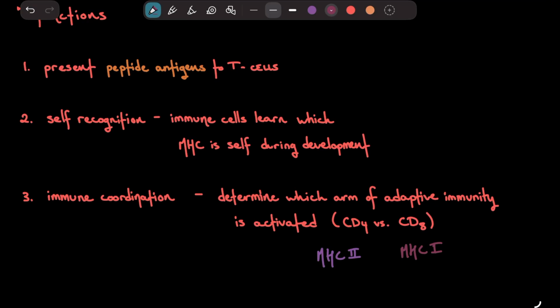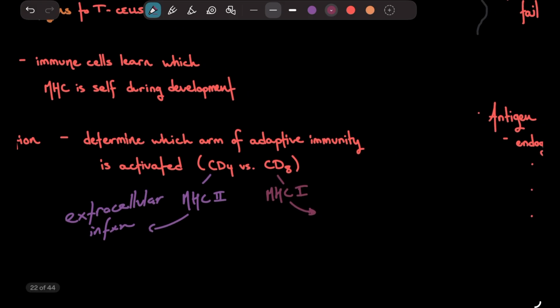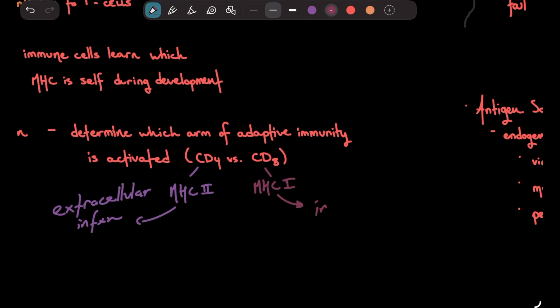It is a little more complex than this, but you could think of this as extracellular and intracellular.